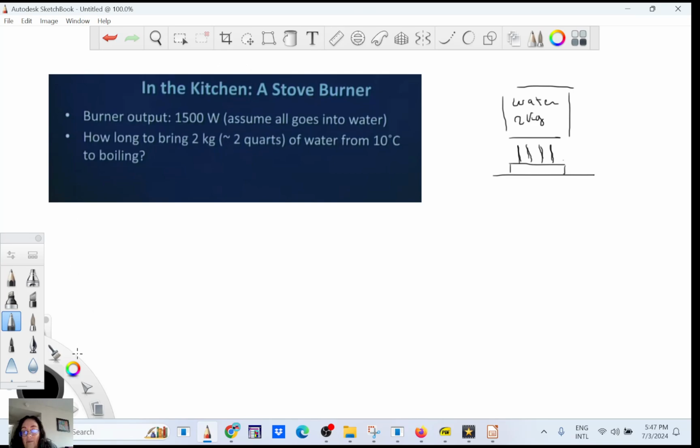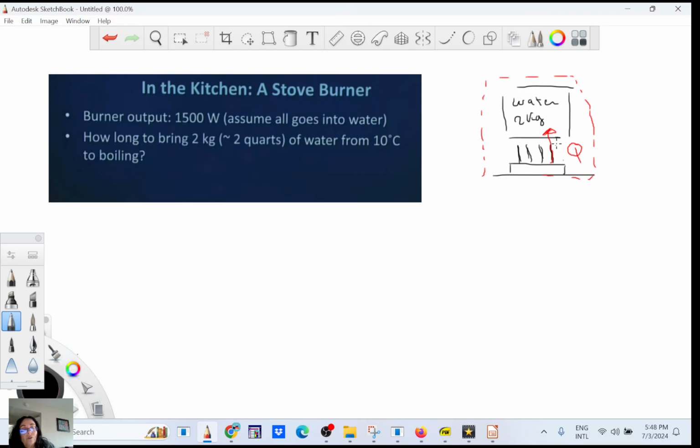So you're going to have heat, meaning energy flowing from hot to cooler. That will be Q. And we suppose that no heat is lost.